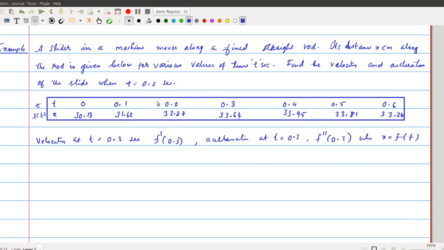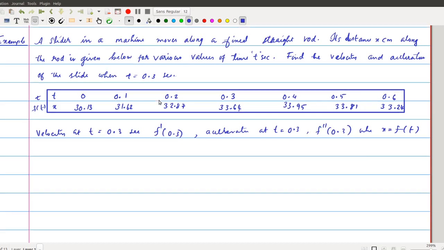So this is one of the applications of numerical differentiation. In order to evaluate f dash of 0.3 and f double dash of 0.3, we will use Newton's backward differences and forward differences. So here we use Newton's forward difference formula.